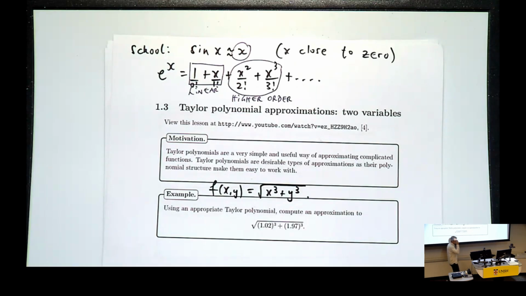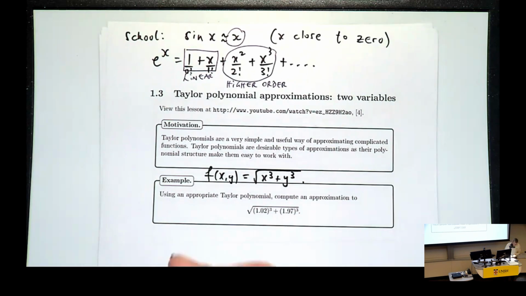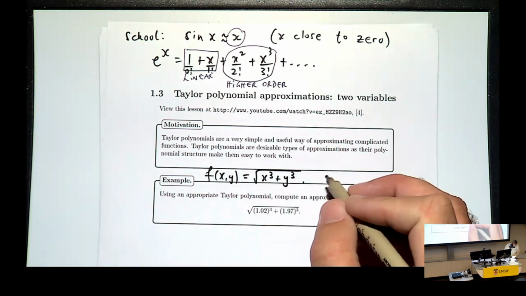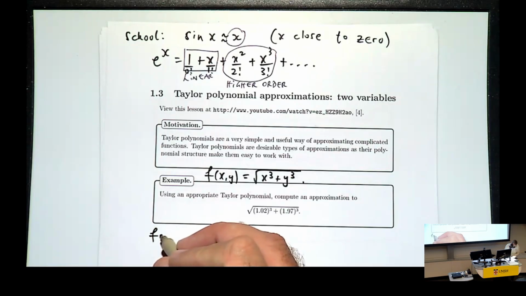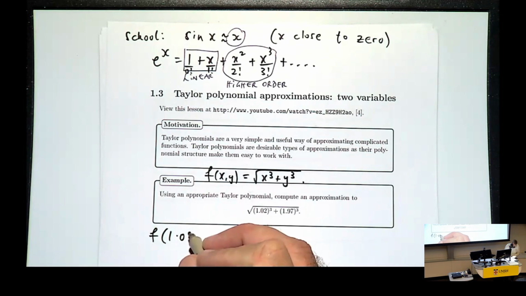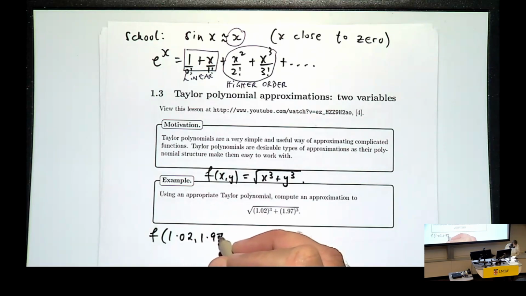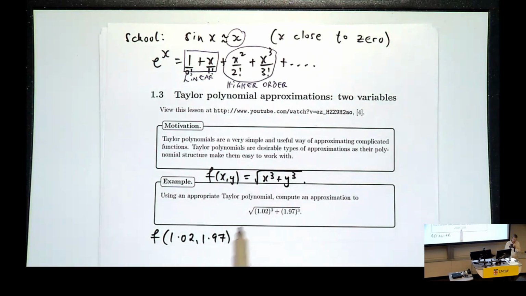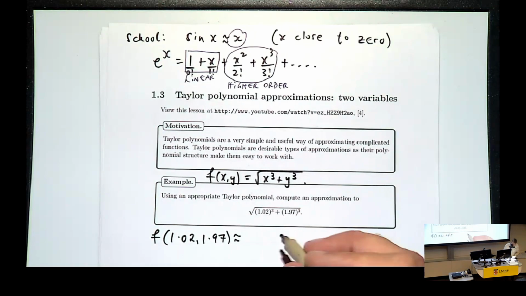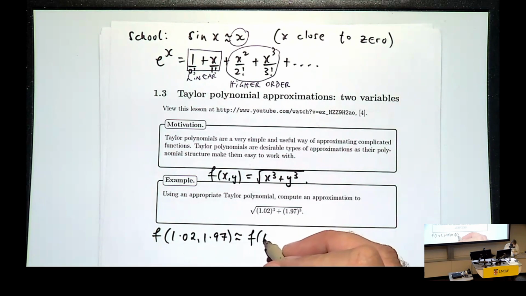Let's work with that. Okay? So this and this are the same. All right, what does our expansion say?